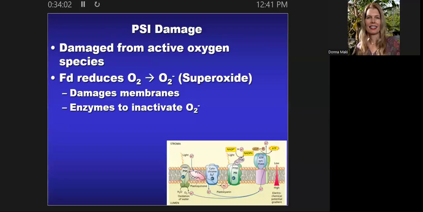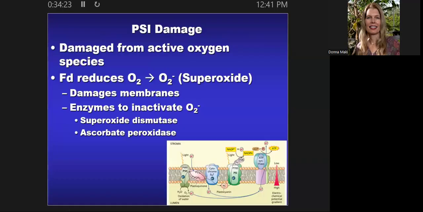And so the plant has certain enzymes that can work with the superoxide and reduce it to less damaging forms. So superoxide dismutase, you might have heard that, or ascorbate peroxidase. So these are enzymes that the plant has.